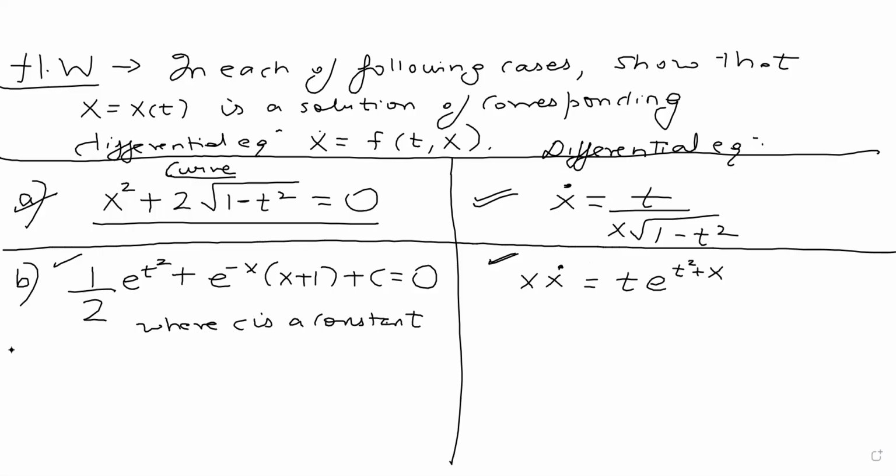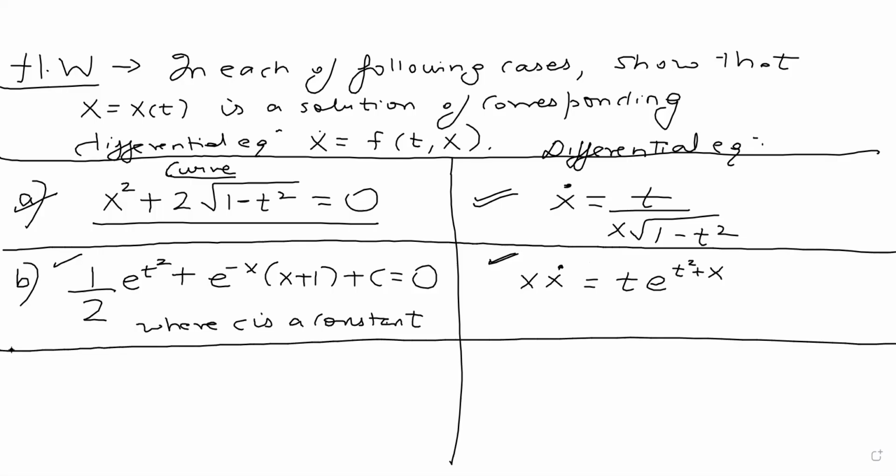And similarly, the last part for this question, part C, we are given the equation. So the third equation is 1 minus t times x square equals t cube.